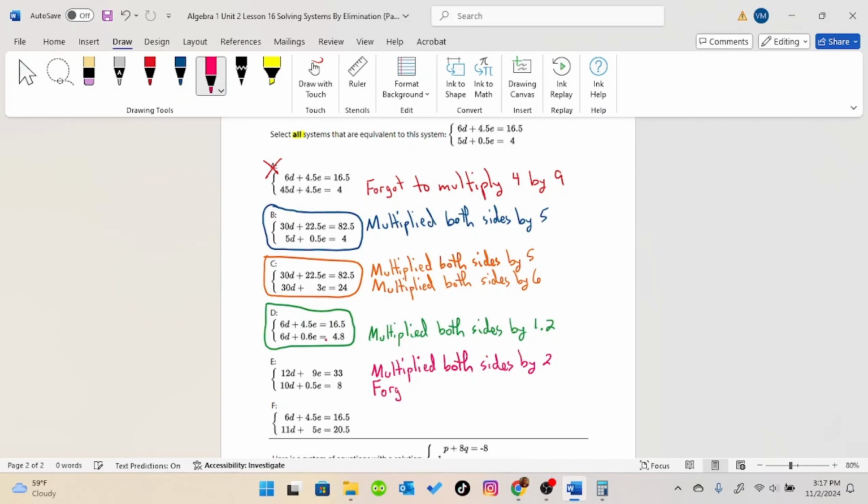So they forgot to multiply 0.5E by 2. Because this is not an equivalent equation, that means it is not an equivalent system.